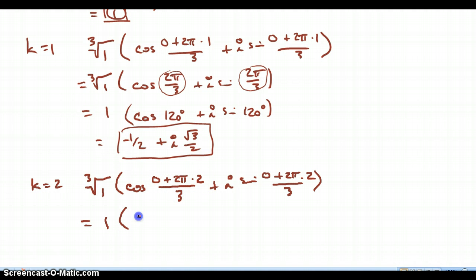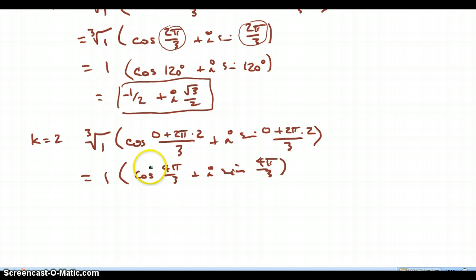This is going to be cosine of 4 pi over 3 plus i sine 4 pi over 3. Once again, if you're more used to degrees, you can think of 2 pi as 360. 360 times 2 is 720, divided by 3.